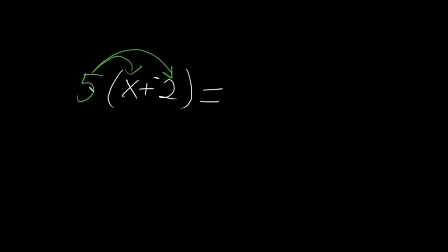Keeping that in mind, 5 times x gives us 5x. Here, we can call it a plus, but remember, this was originally a minus, and now it's a plus negative. And I did that so you can think about 5 being multiplied by a negative number here, in this case, negative 2.